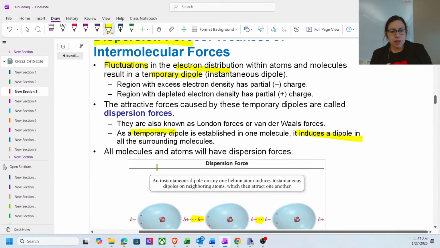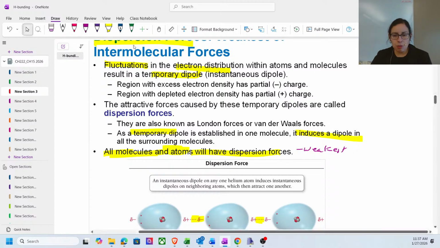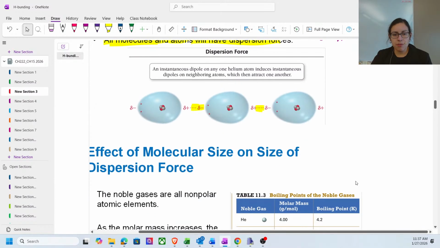And this also means that all molecules and atoms will have this dispersion force. So that's really important. But like we're seeing, since it's just temporary and fleeting, it is definitely the weakest force. So even though every molecule has it, if there are other forces, which we'll look at, then this doesn't play as large of a factor.